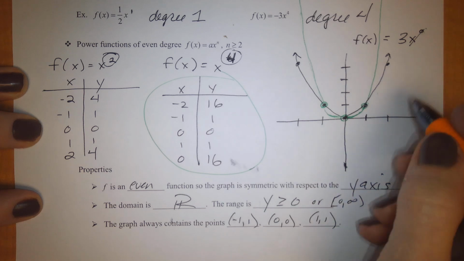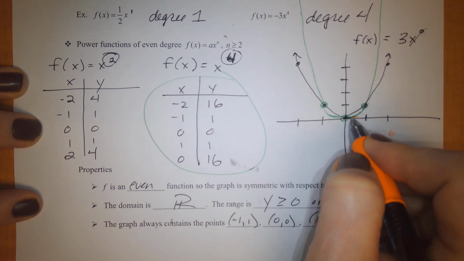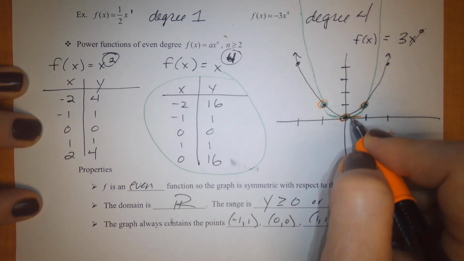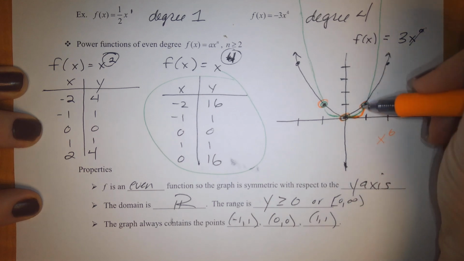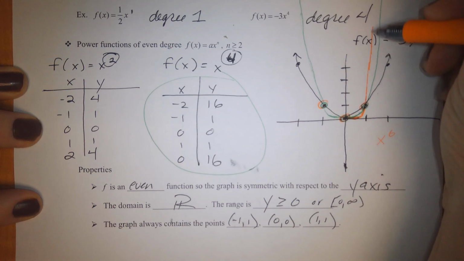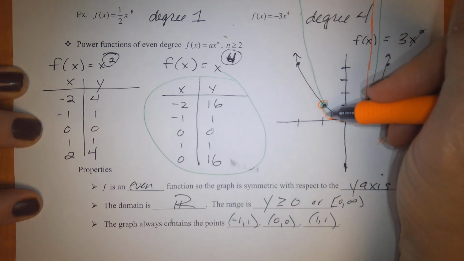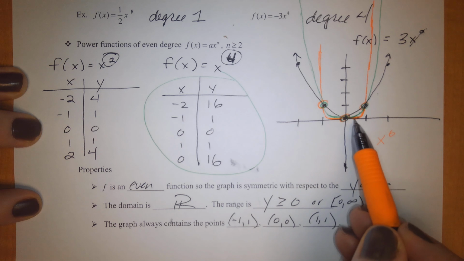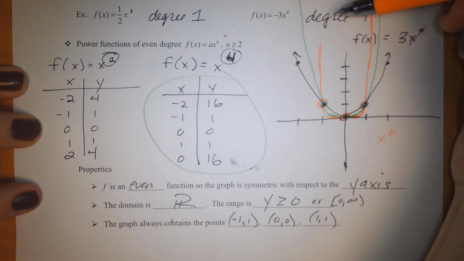Let me briefly show you what x to the 6th would look like. X to the 6th would be even flatter. It would still contain these 3 points, and it would hug the x-axis even more and be a little more squared off, and then it would shoot up even faster. Okay? So the higher that the exponent goes, the more squared off it appears to be, but it will always contain those same 3 points.